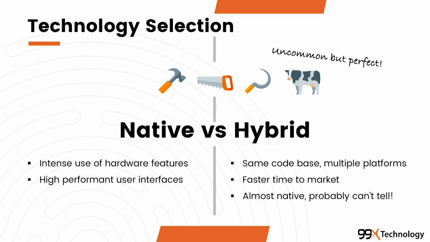And if you implement hybrid platforms correctly, these platforms have improved so much that your users might not be able to tell the difference in an enterprise application, because the use cases are so smooth. Some examples of these cross-platform native alternatives could be React Native, Xamarin, or even Ionic. Using technologies like this, you can get the advantage of having the same code base for multiple platforms.